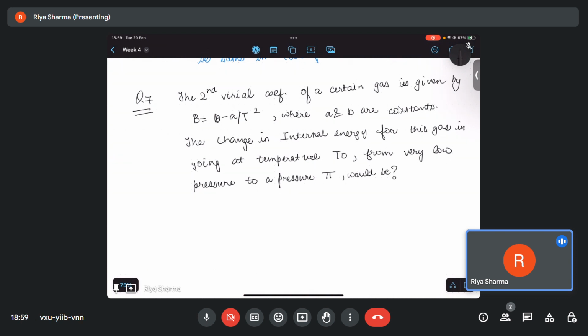So a hint for you, use the equation Z equals PV by RT is equal to 1 plus BP by RT. Okay?